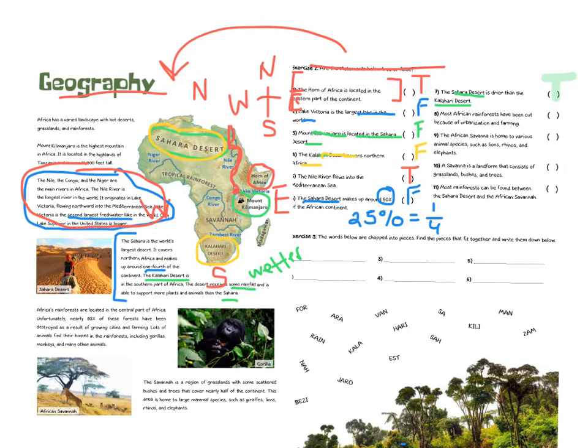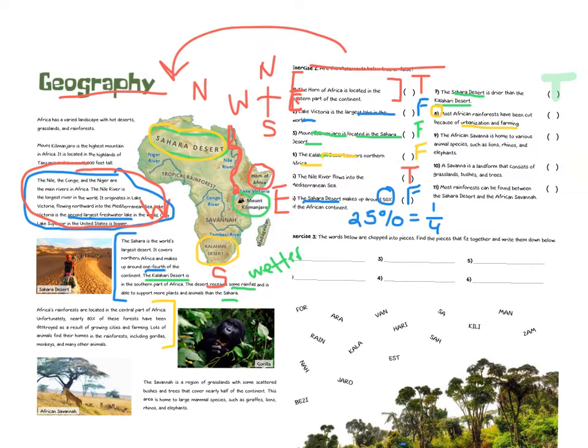Okay. Let's try 8. Most African rainforests have been cut because of urbanization and farming. Remember, urbanization is when people are building cities. So let's go to the part about the rainforest here. It says rainforests are located in the central part of Africa.